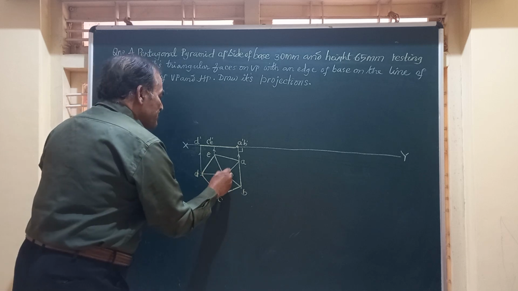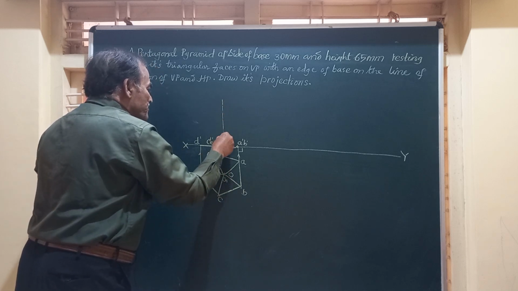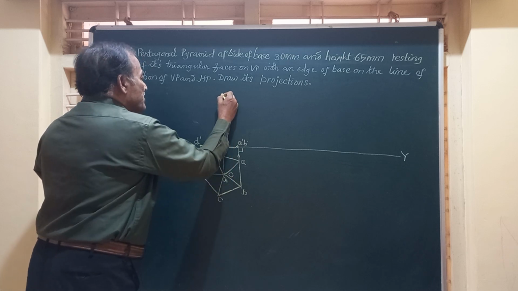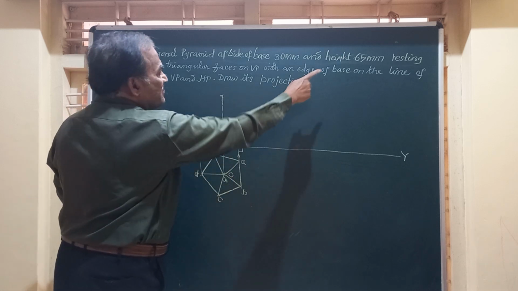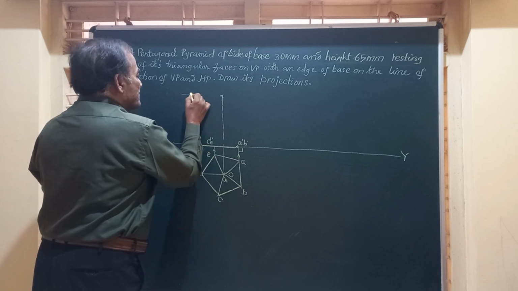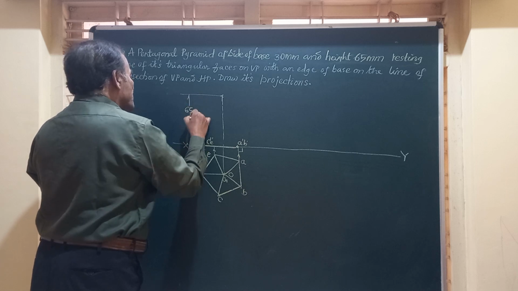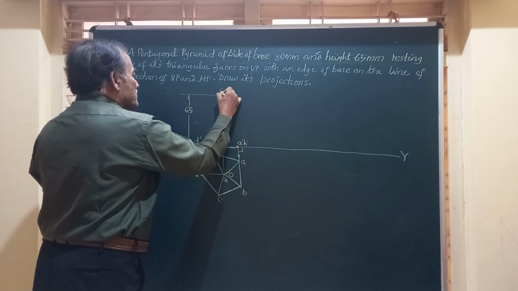And friends, from this center we draw a vertical line, and on that line we mark a height of 65 millimeter. The height of the solid is 65. We denote this point as O dash.